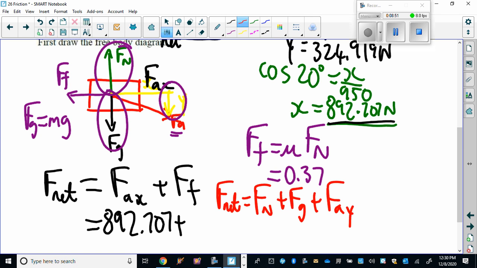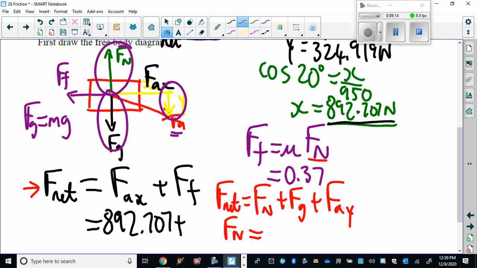Now, is the box accelerating in a vertical direction? The answer is no. So therefore, the net force is 0. Which one of these variables am I solving for? Fn. I need Fn so I can find the force of friction and plug it back in over here. I'm going to skip a step here.